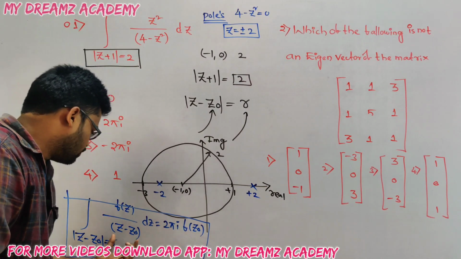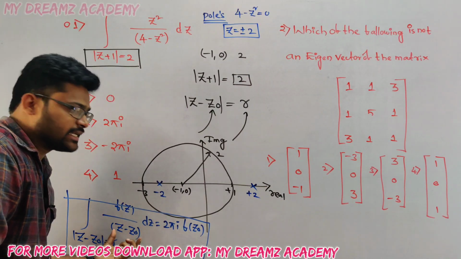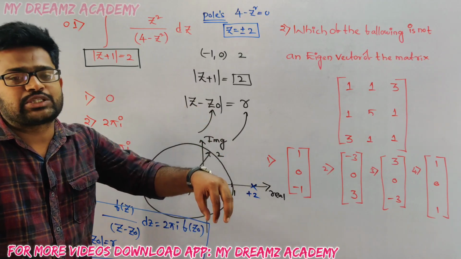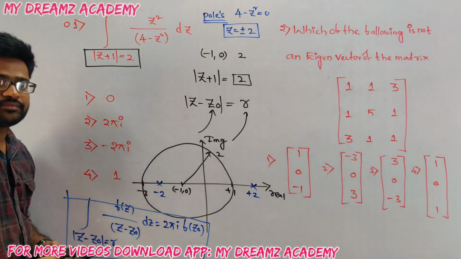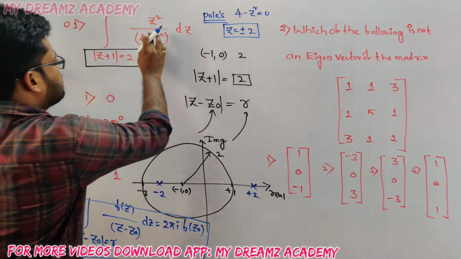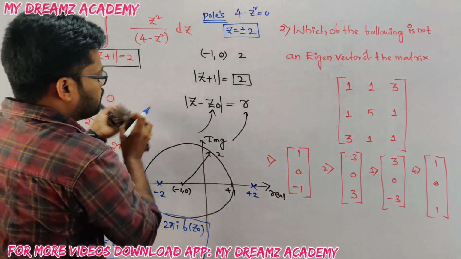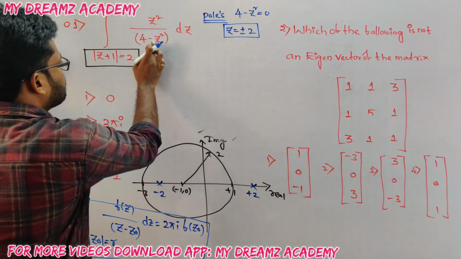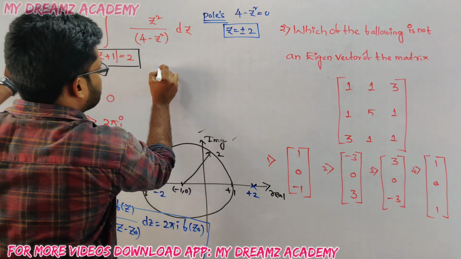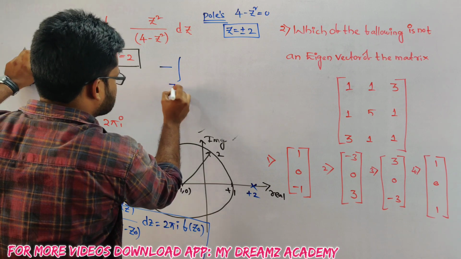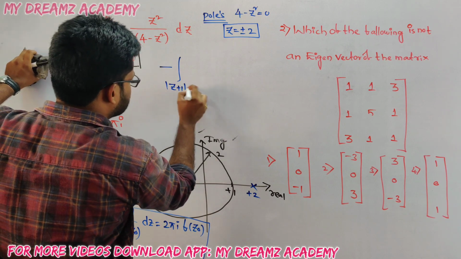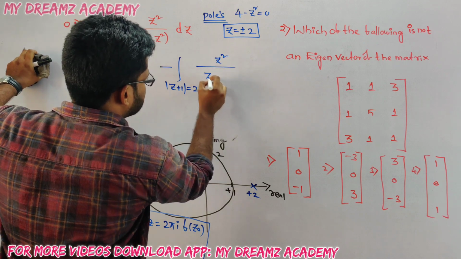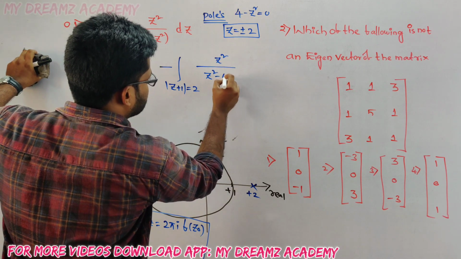So if a pole is outside the circle, then we need to consider that factor as part of f of z. I am writing it like this; observe, this is very very important. Take minus from this, so it gives minus integration over mod z plus 1 equals 2 of z square divided by z square minus 4.